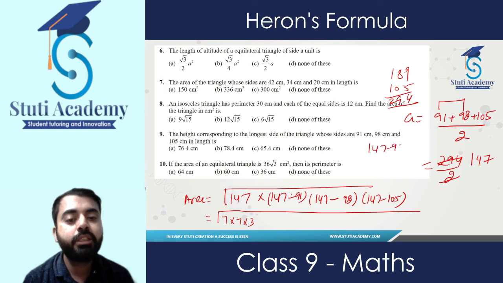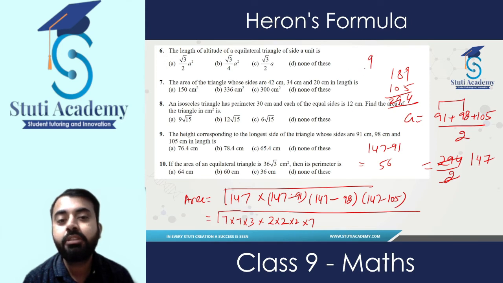147 minus 91, it is 56, right? 56 can be written like this: 2 into 2 into 2 into 7, because 8 sevens are 56. 147 minus 98 will be 49.